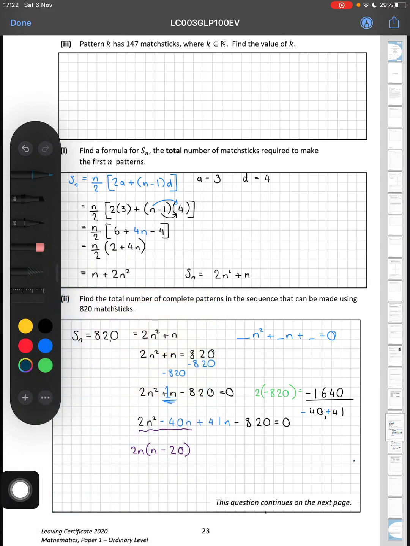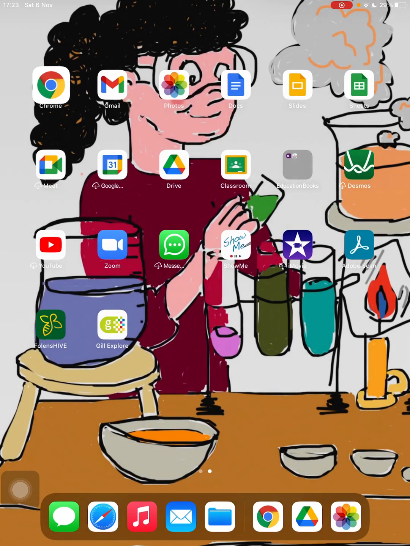My highest common factor between 2n squared and minus 40n is 2n, and then I open up my brackets, and 2n multiplies by n to give me 2n squared, and it multiplies by minus 20 to give me minus 40n. And then for these two, my highest common factor is plus 41, and it multiplies by n to give me 41n, and it multiplies by minus 20 to give me minus 820. So that's equal to 0.